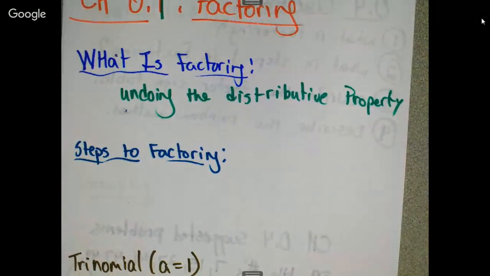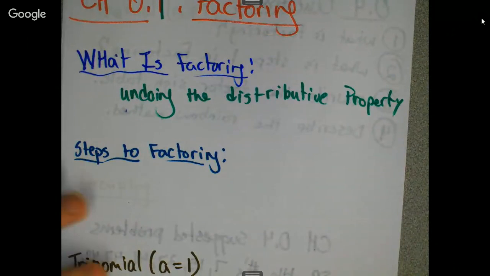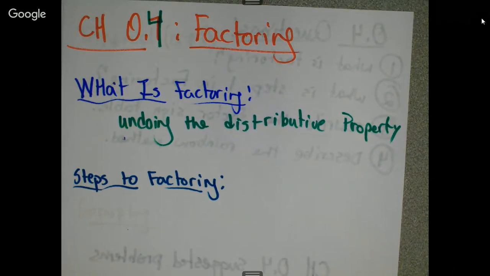In 0.3, we were working on multiplying polynomials using the distributive property. But in chapter 0.4, we are actually doing the inverse of that using factoring.